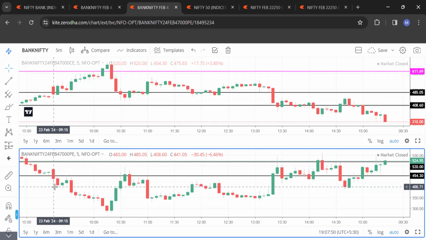So both of these figures are common. The remaining two are not common. 408.60 is not common, and the second figure also, 441.05, is not common. So we got a pair of common prices, two from call, two from put, so we can swap.